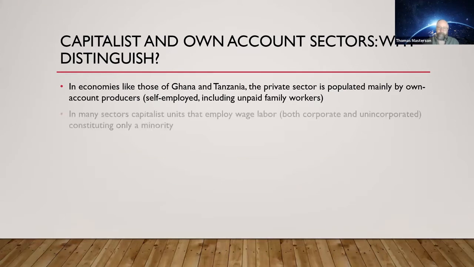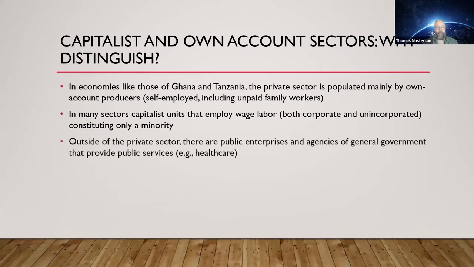The capitalist units employ wage labor, and that's a minority in a lot of industries in a lot of these countries. Whether they're formal or informal capitalist units, the fact that they employ wage labor defines them. But that's very limited in a lot of sectors, although it dominates many other sectors as well.